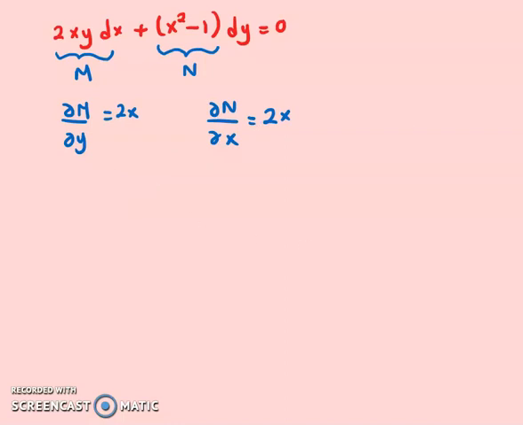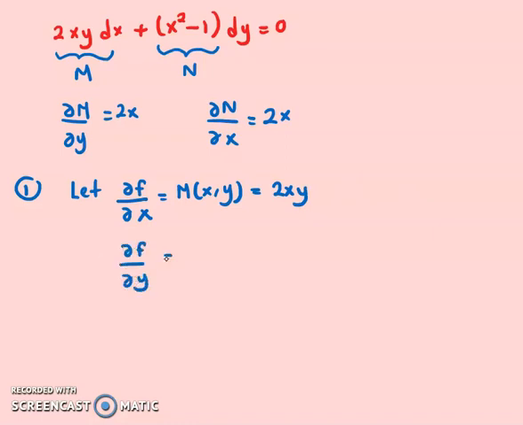Now let's do the first step. The first step is to let partial f over partial x equal M of x,y, which is 2xy, and partial f over partial y equal N of x,y, which is x squared minus 1.